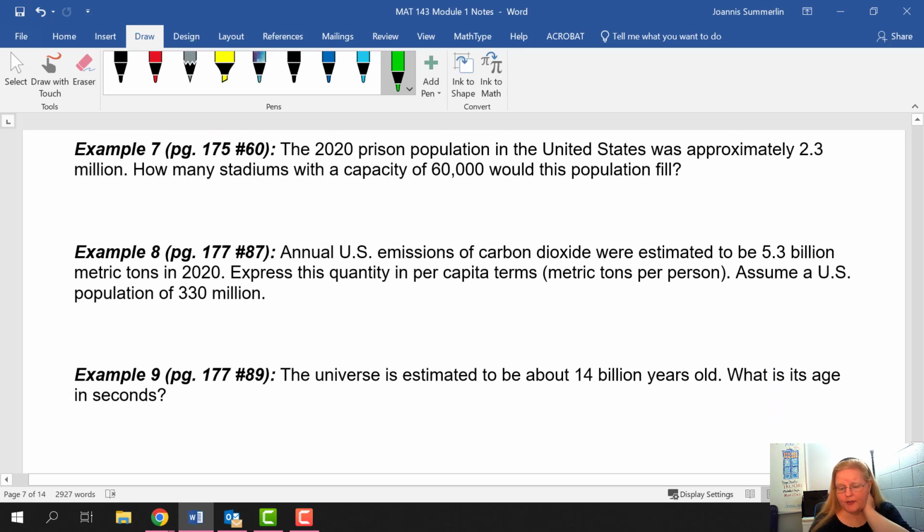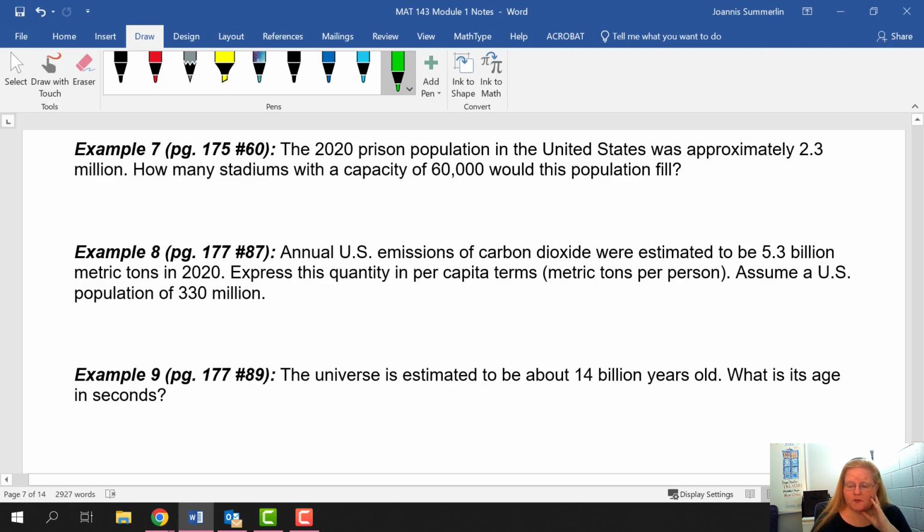In 2020, the present population in the United States was approximately 2.3 million. How many stadiums with capacity of 60,000 would this population fill? The annual U.S. emissions of carbon dioxide were estimated to be 5.3 billion metric tons in 2020. Express this quantity in per capita terms, assume the U.S. population of 330 million.